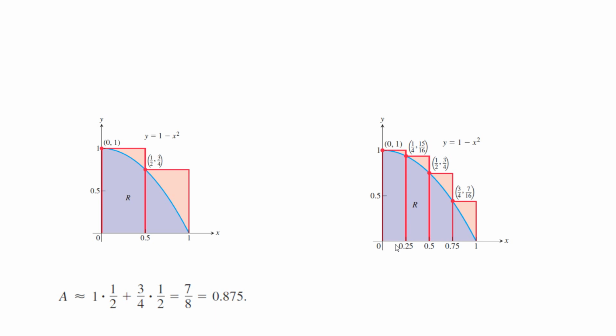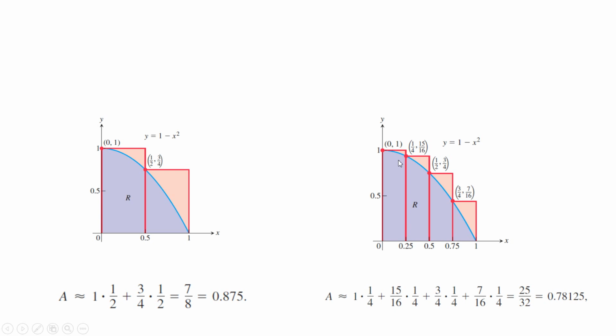So area is equal to 1 multiplied by 1 by 4. Similarly, in this interval, height is equal to 15 over 16, which is at x is equal to 1 over 4, and area is 1 over 4 multiplied by 15 over 16. And similarly we can find the areas of these two rectangles, and by adding all of the areas, we have this approximate area using 4 rectangles.